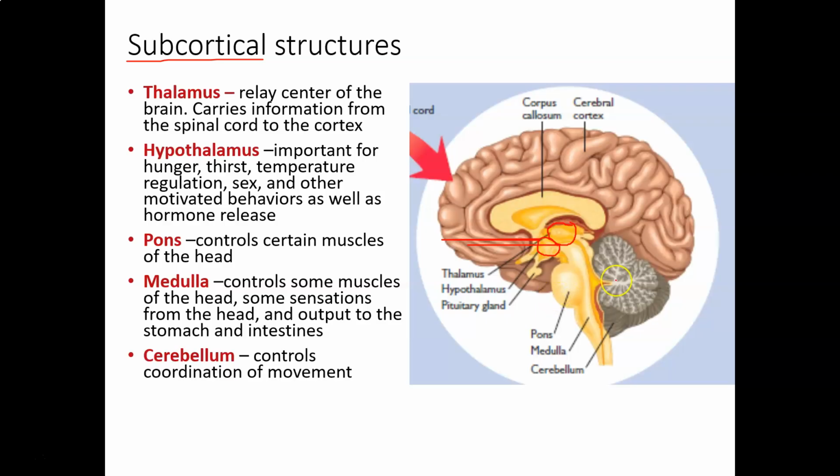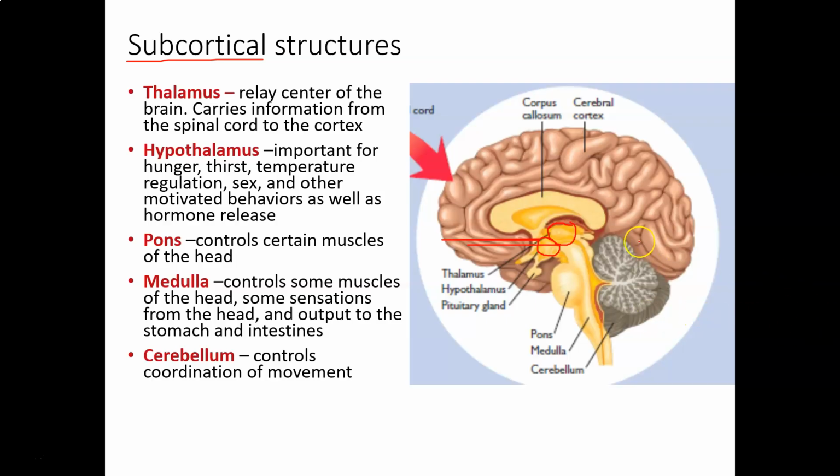The final brainstem or hindbrain structure is this gray structure here called the cerebellum. It controls muscle coordination, or coordination of movement. I mentioned earlier that the frontal lobe handles voluntary function, but really it makes the decisions for voluntary movement.